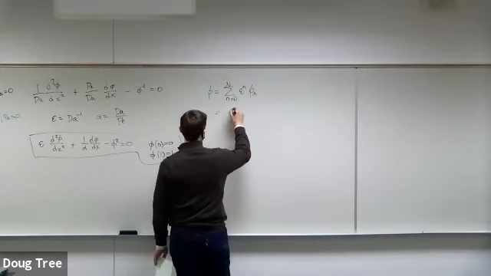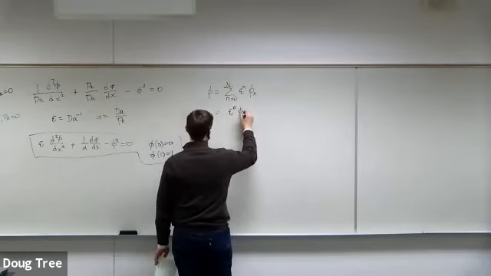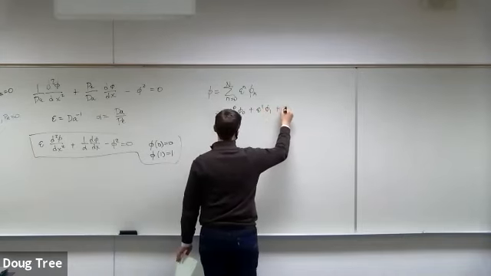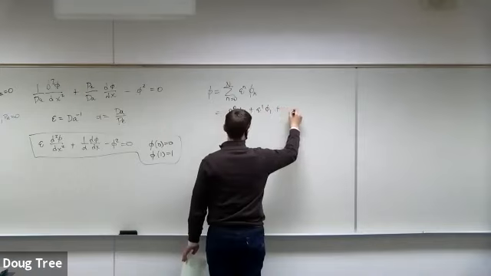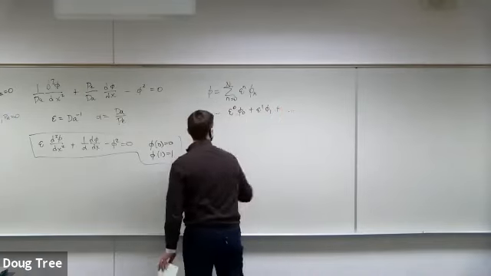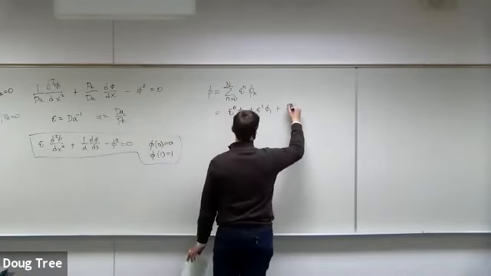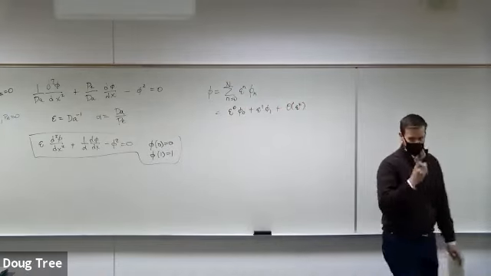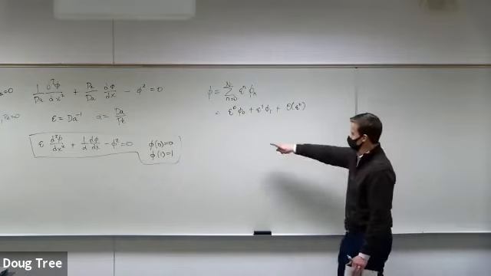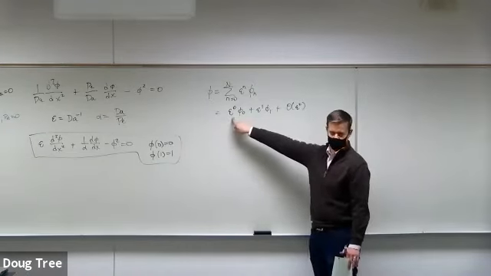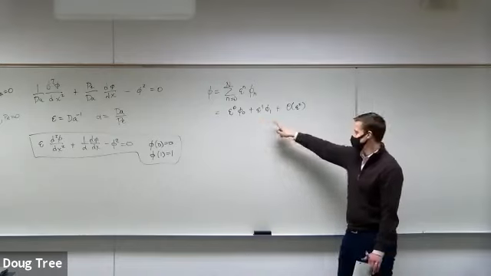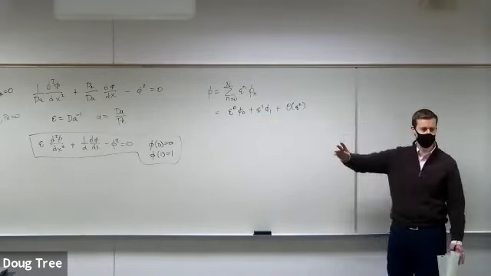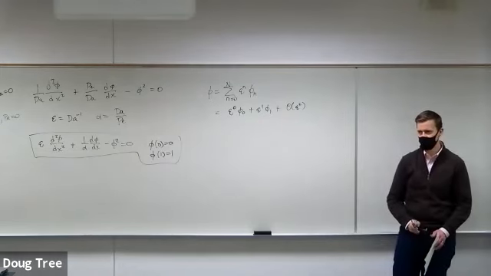So I'm going to write epsilon to the 0, phi 0, plus epsilon to the 1, phi 1, plus higher order terms. I'm going to keep up to order 1 and order epsilon. So I've got some series that has terms of order 1, then terms of order epsilon, and then terms of higher orders. I could write those terms out, it just takes more math, more time to do.